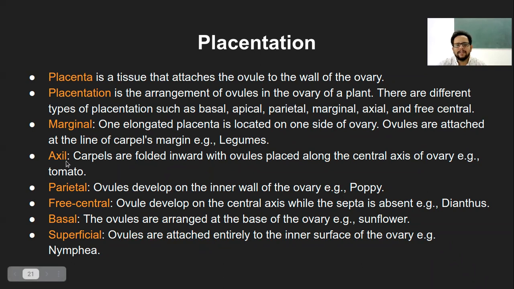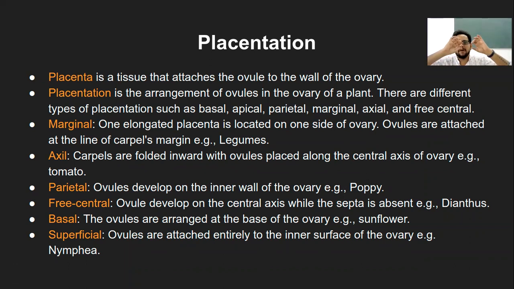Then axial placentation: the carpels are folded inward. Now carpels, that means the structures of the ovary, are folded inward with the ovules placed along the central axis. Now this is a little difficult to imagine, but the example is tomato. If you look at the tomato, you have quite a lot of folds inside, right?